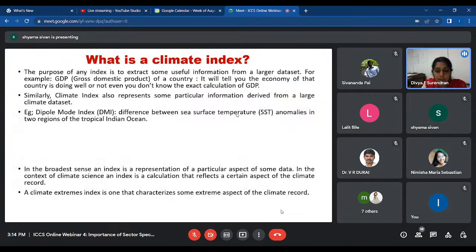What is a climate index? We all know, generally when we speak about an index, it gives useful information from a large data set. Suppose we talk about GDP, that is gross domestic product. If we know the value of GDP, we can say whether a country's economy is growing or not growing.